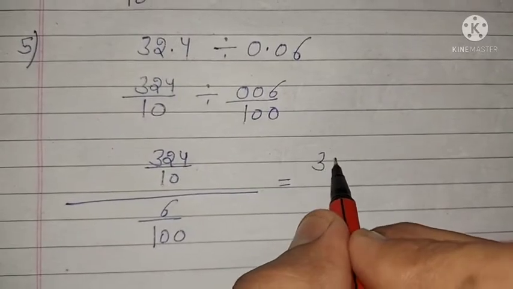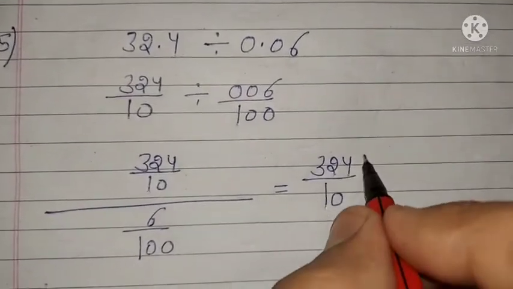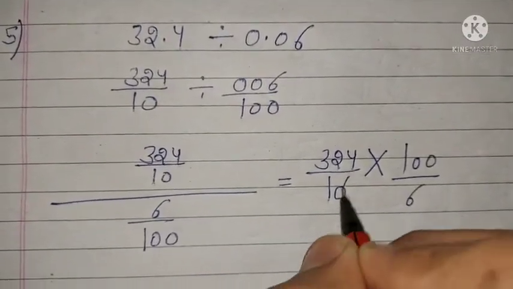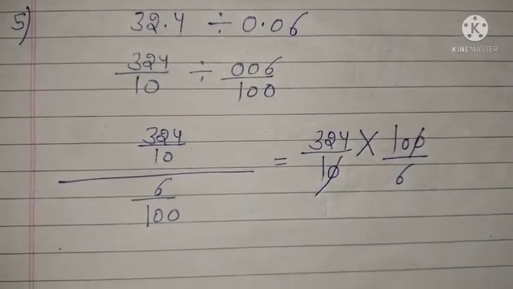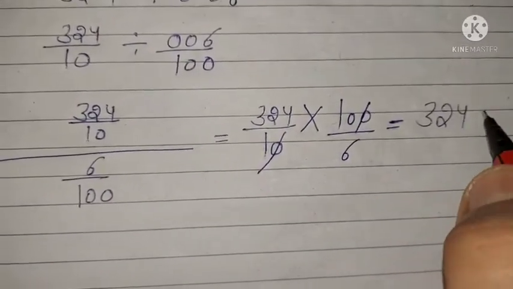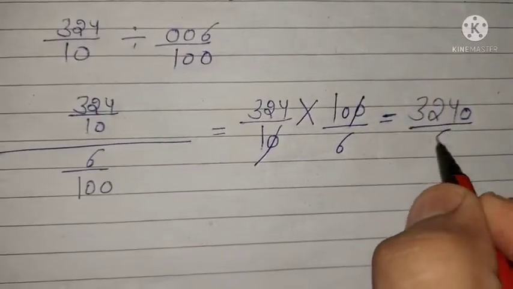So 324 upon 10, multiply 100 would come upside, upon 6. Okay, so what would be there? It would be 3, 2, 4. When we multiply by 10, a 0 would come at the back, upon 6.